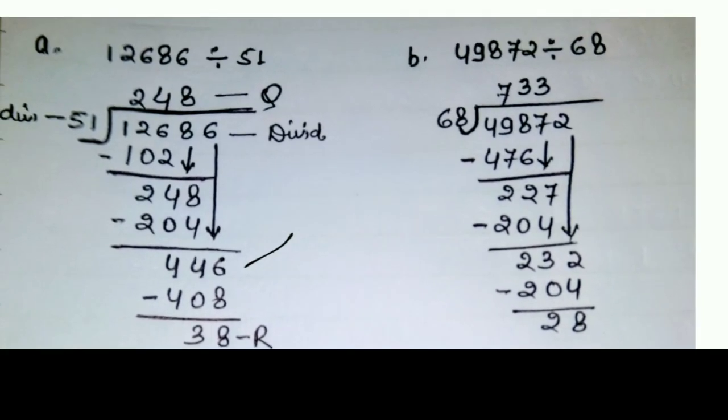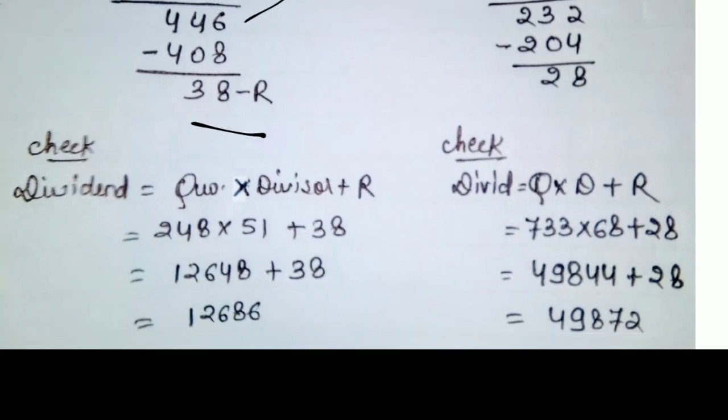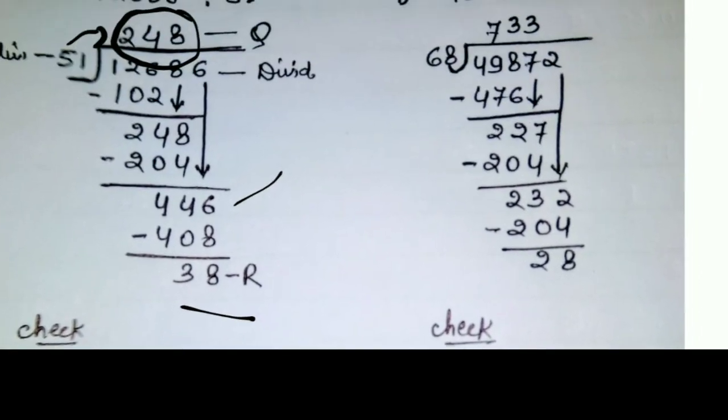The quotient, this 248, multiplied by 51, we get 12,648, plus the remainder 38. So we get 12,686.